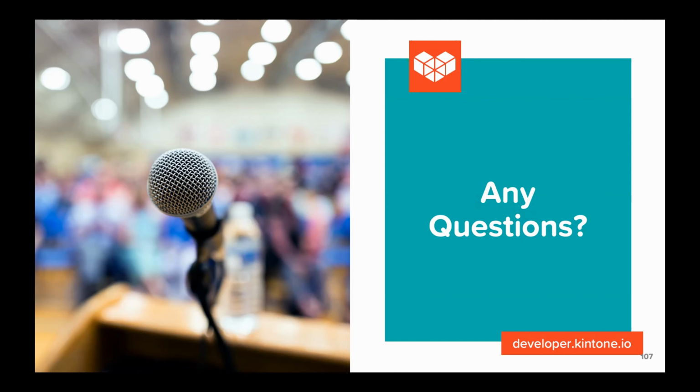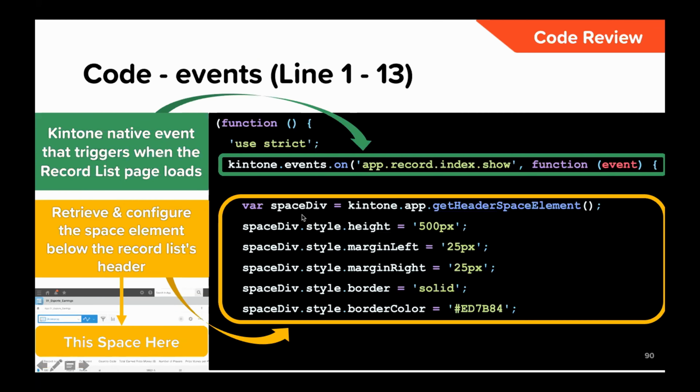You were talking about the events earlier in a slide, and I just wanted to know if you could go back and show that, because I saw you were setting up a function to do something with the data. Yeah, very good. Here we are. So you had app.record.index.show. I'm guessing that must mean when you load this particular index page with the spreadsheet.